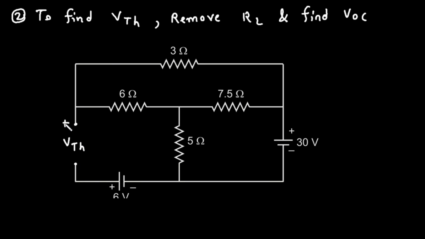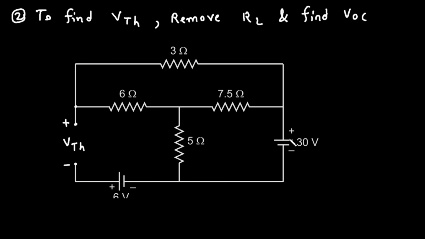So this is positive and this is negative. Now we have to find this VTH. To find this VTH, we need to apply KVL to this loop. But before that, we need to find the current through this 6 ohm and the current through this 5 ohm. So let's find the current through this 6 ohm.